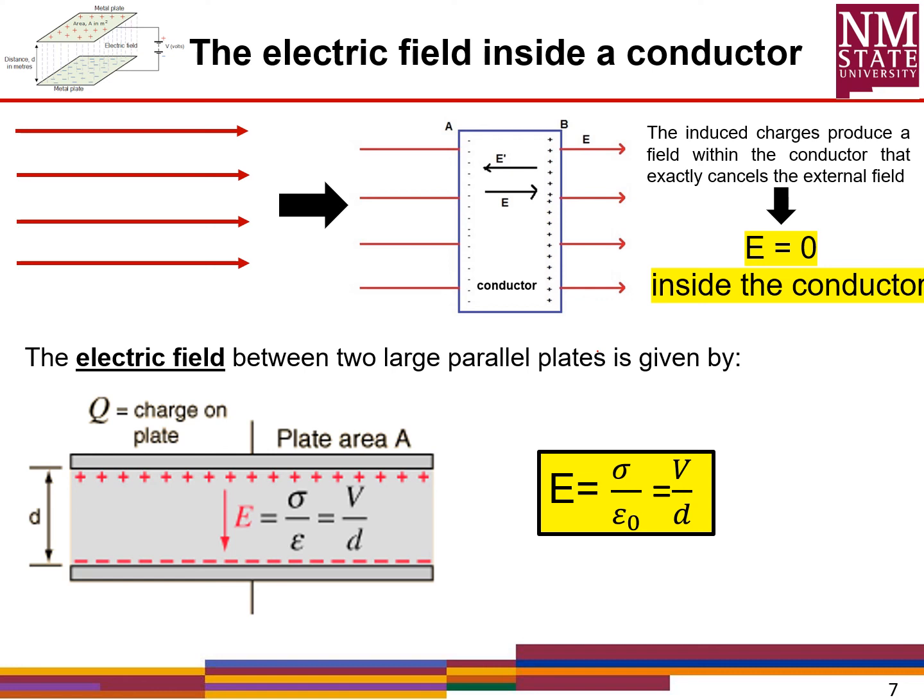Here's our final result. Also, we can define the electric field between these two plates as capital V, the potential difference between the plates, divided by the distance between them. So E is equal to sigma divided by epsilon 0, and E is equal to capital V divided by d.